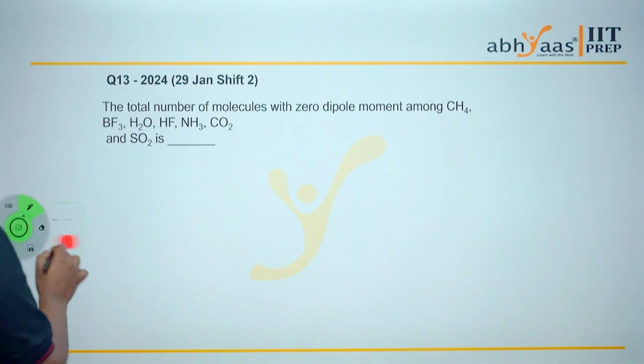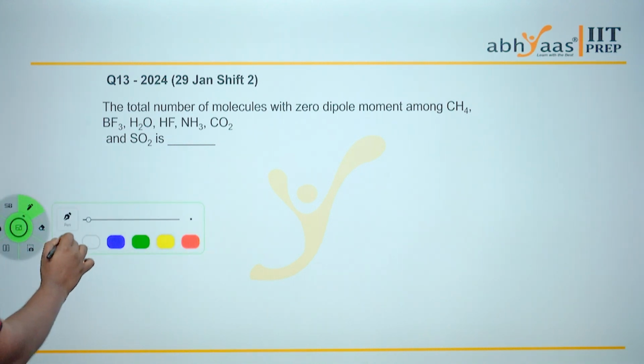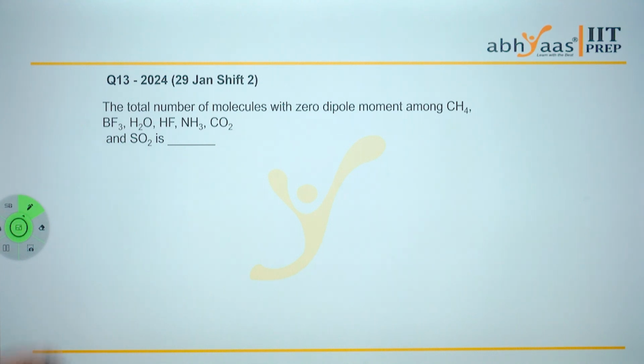Now, in this particular question, the total number of molecules with zero dipole moment among CH4, BF3, H2O, HF, NH3, CO2 and SO2. A similar question was done before also, and we have discussed whichever is having dipole moment will be polar, and whichever is not having dipole moment will be non-polar. So here we have to go for zero dipole moment, that means non-polar.